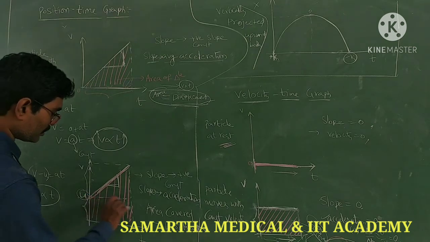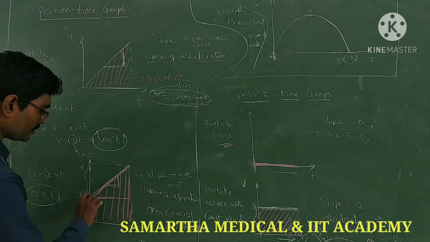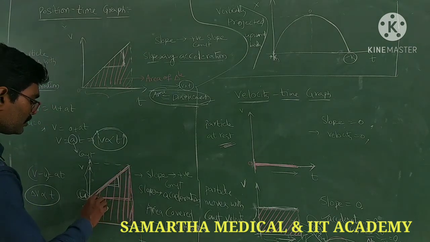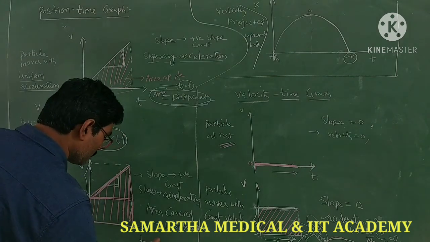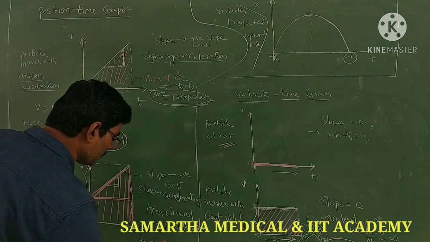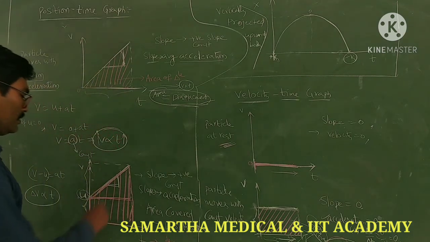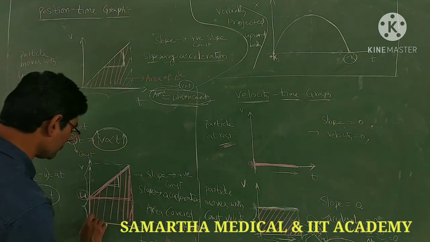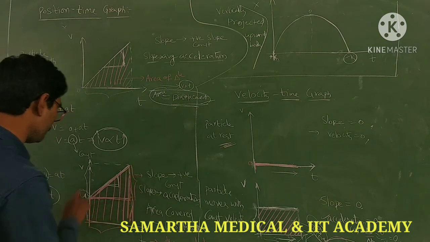You can consider that till here it is just like a triangle and this is like a rectangle. To calculate the area, first calculate the area of the triangle. Triangle area is half base into height. What is the base? From 0 to t. Height is v minus u.